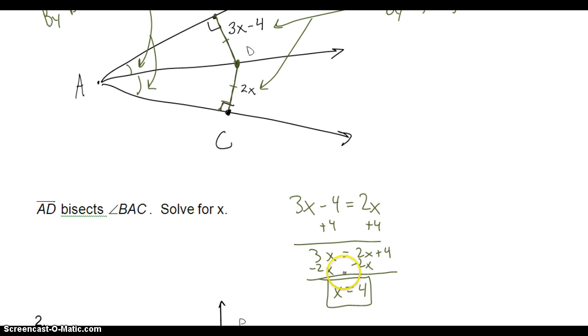And if I plug this 4 back in, this length is going to be 2 times 4. It's going to be 8 long. And if I plug x back in here, I have 3 4s, which is 12. 12 minus 4 gives me 8. When I plug that x back in, both of these segments are the same.